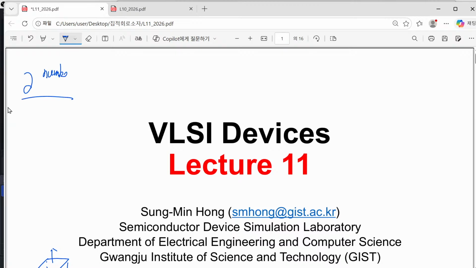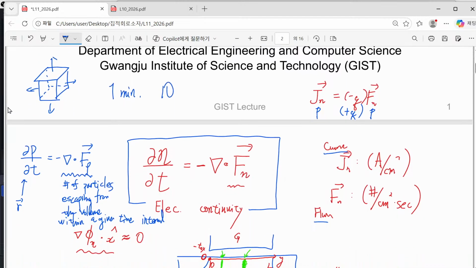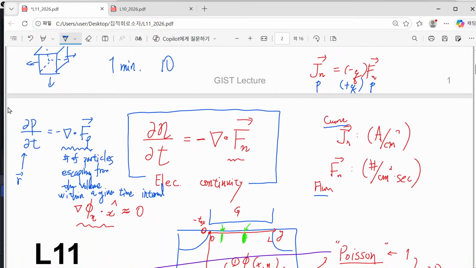The change in the number of a certain thing is related to minus times the flux. So this is the general form of a certain continuity equation. So why do we call it electron continuity, hole continuity? The only difference is that now we are concentrating on electron number or hole number.